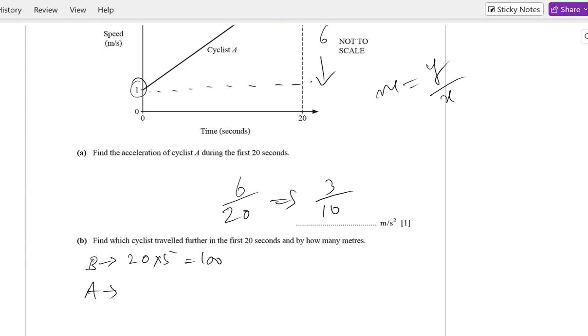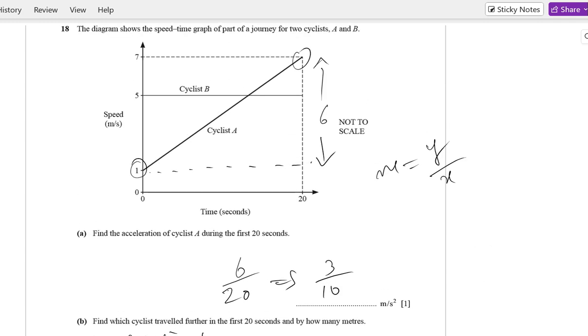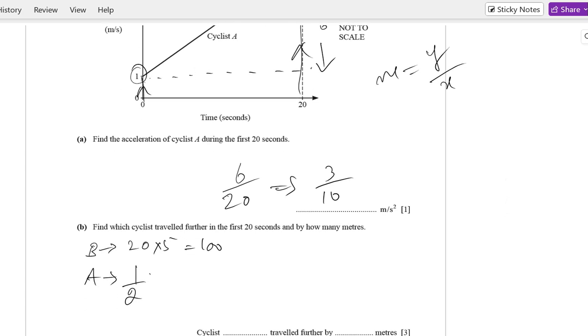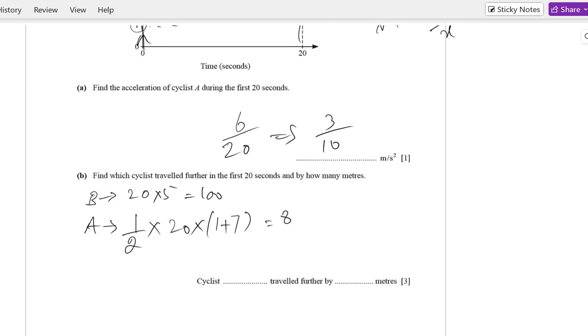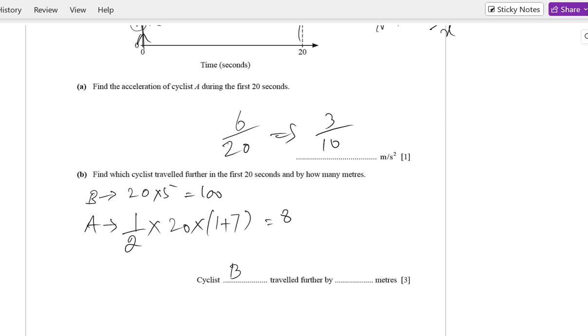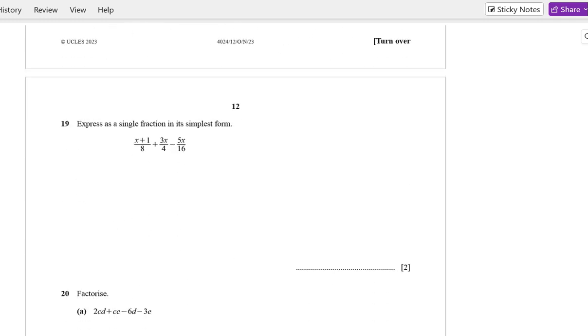For cyclist A, it's making a trapezium. We can see this side is parallel to this side. So it's a trapezium. 1 by 2, 20, 1 plus 7. So 80. So obviously cyclist B traveled further by how much? 20 meters.